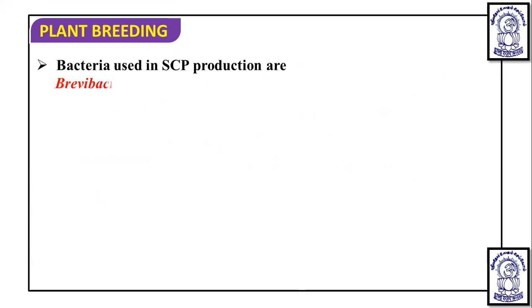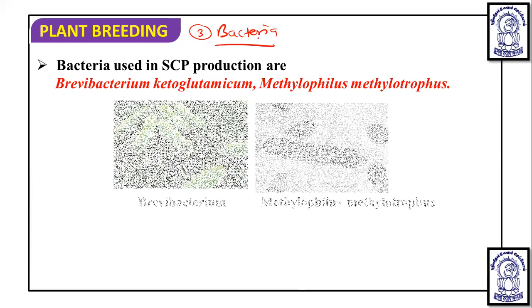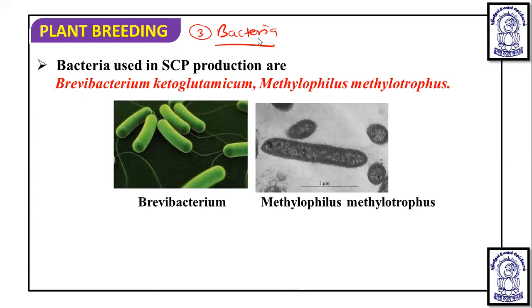Apart from this, bacteria are also used for single cell protein, and the bacteria used in SCP production are Brevibacterium, Ketoglutamicum, and Methylophilus methylotrophus. For us, Methylophilus methylotrophus is important.